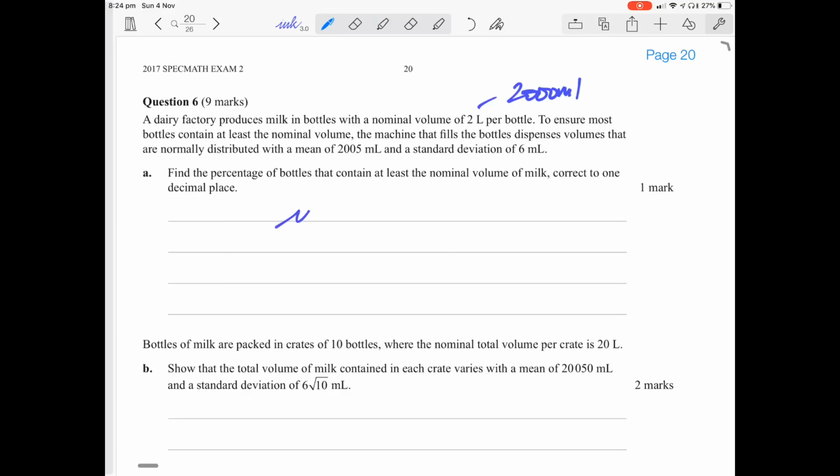Okay, so mu is 2005. So we'll just say x is normally distributed 2005, 36. I think I added an extra 0. Okay, the probability that x is greater than 2000.